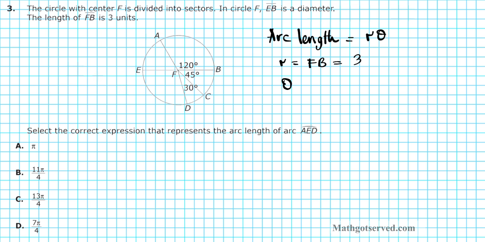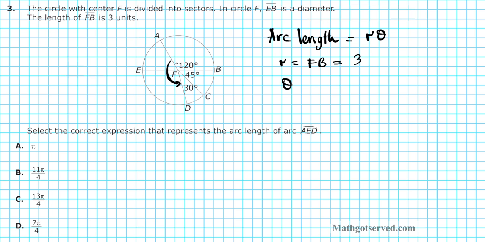Next thing we need is theta for angle AED. So what is this angular measure from here all the way to there? That's theta. What is the angular measure there? Well, we have to break this one down and do it step by step. If you look at the upper semicircle, we have a straight line. This is a segment.